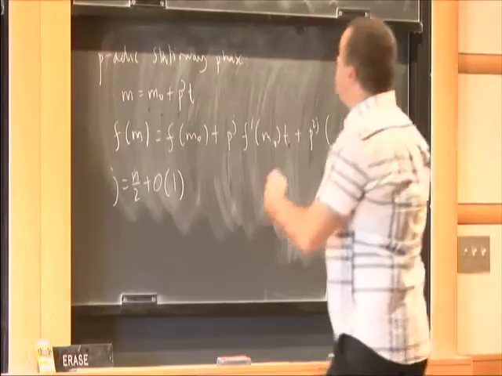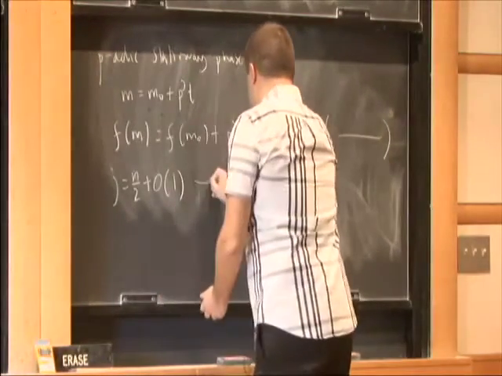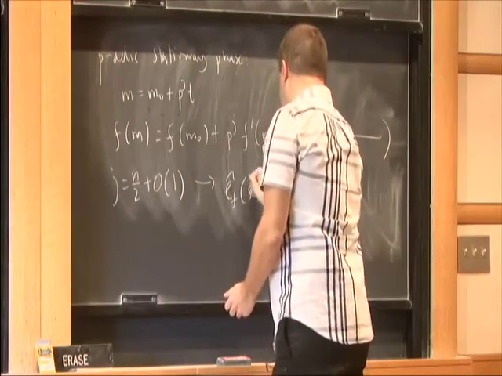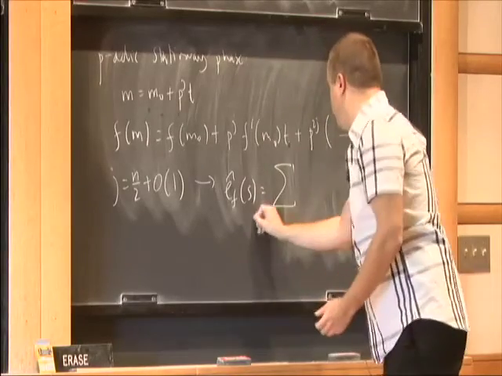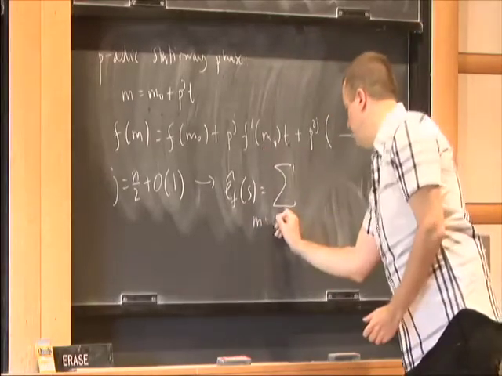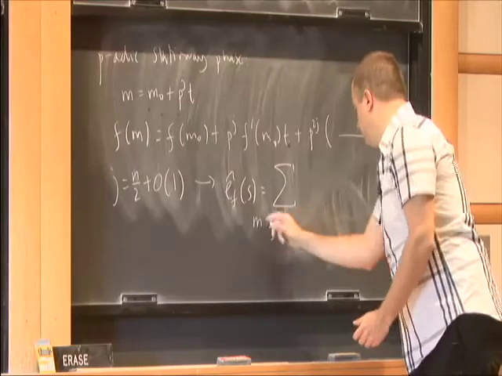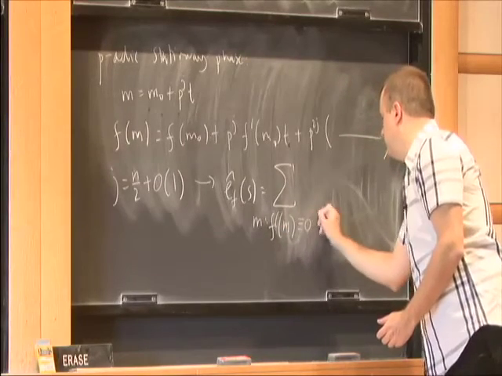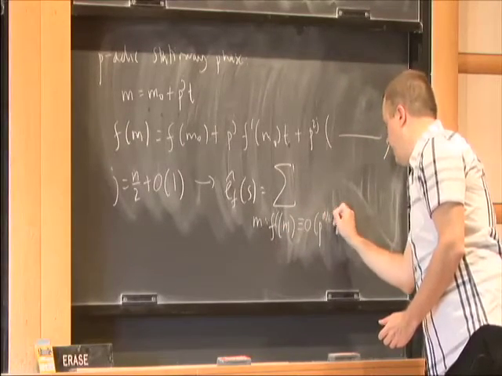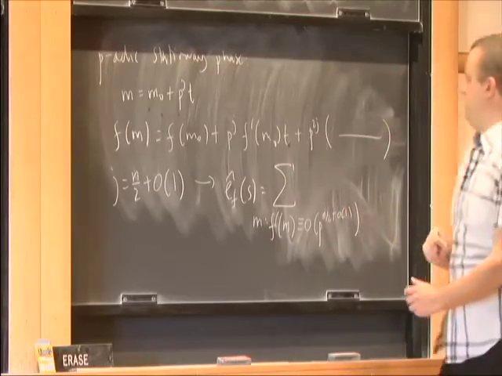And what this means is that this is going to reduce this sum, E sub f check of s, only to those m for which f prime of m should be 0 mod p to the n half, essentially, plus big O of 1.